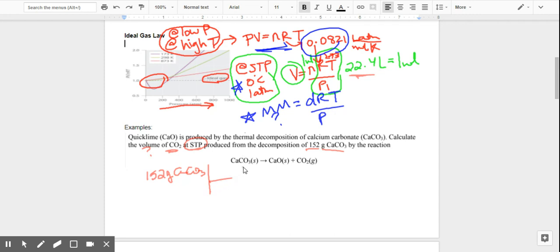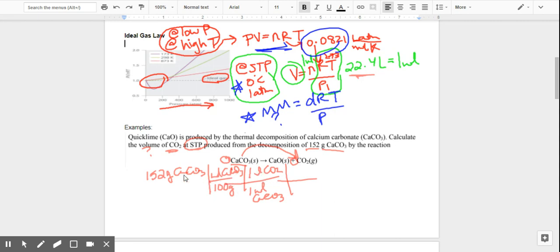So I'm going to use the molar mass of calcium carbonate, which is 100 grams, and that's equal to a mole of calcium carbonate. The next thing that I'm going to have to do is convert from calcium carbonate to CO2. So my relationship between them is a 1-to-1 relationship. So I have 1 mole of calcium carbonate for every 1 mole of CO2.